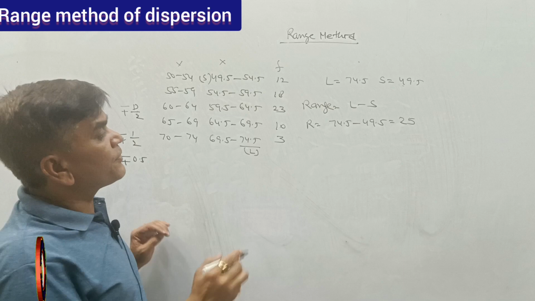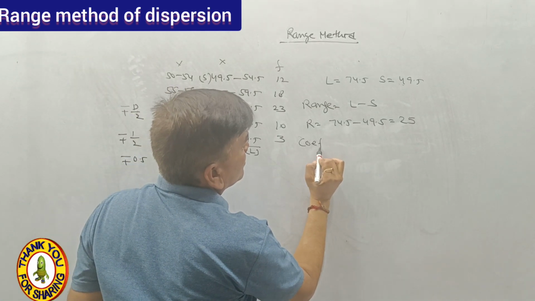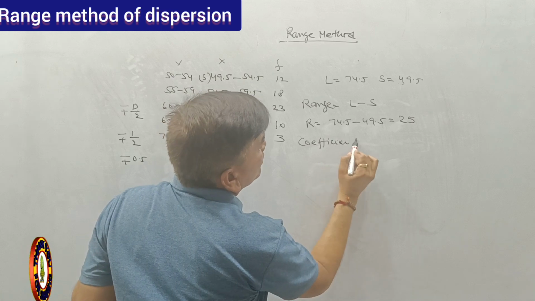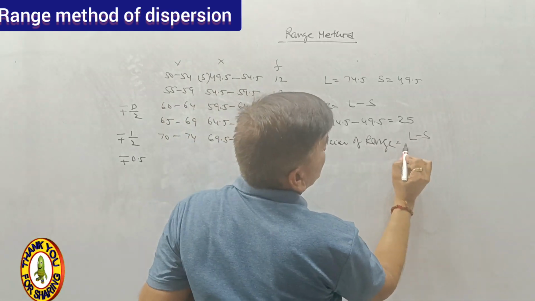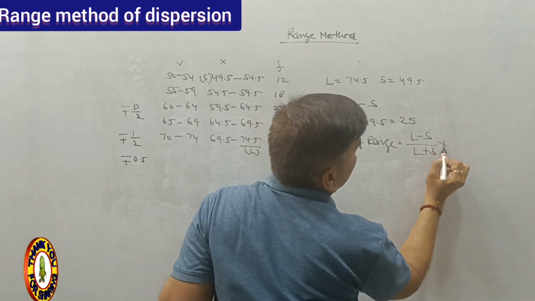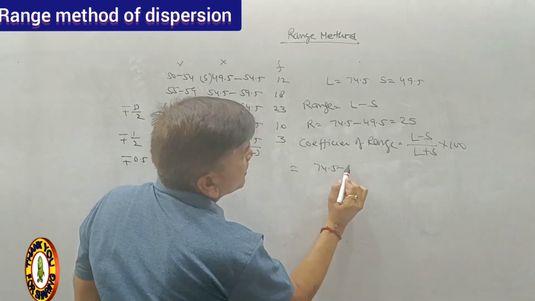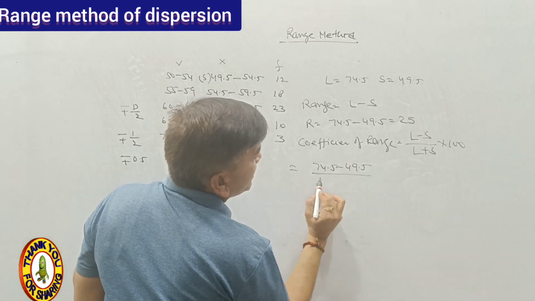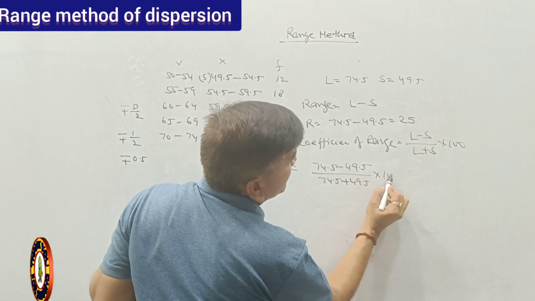And the coefficient of range is largest minus smallest upon largest plus smallest, multiplied by 100. So 74.5 minus 49.5 divided by 74.5 plus 49.5, multiplied by 100.